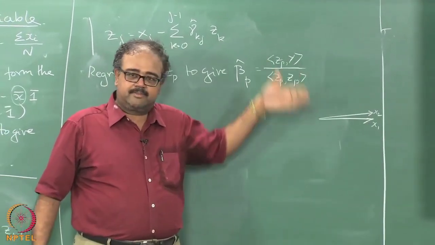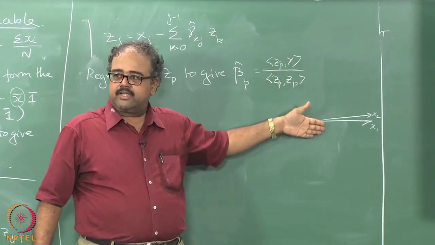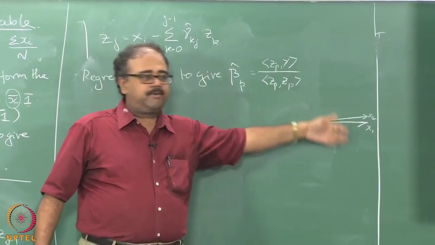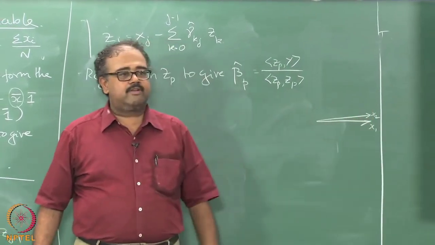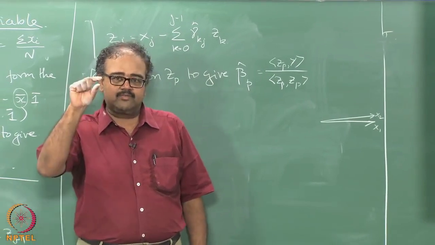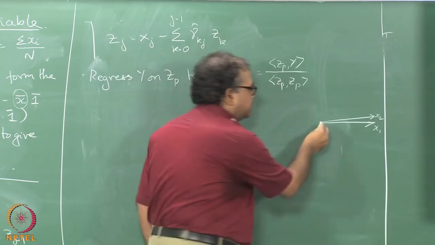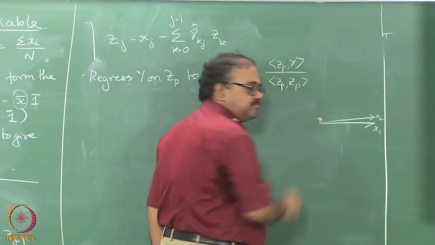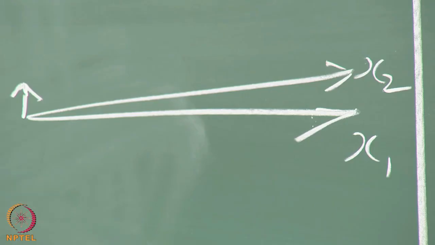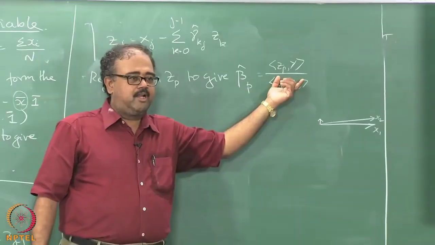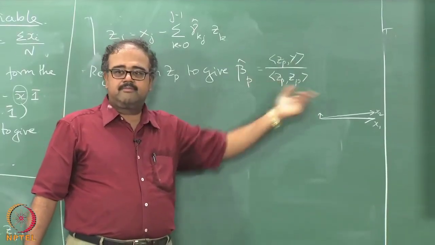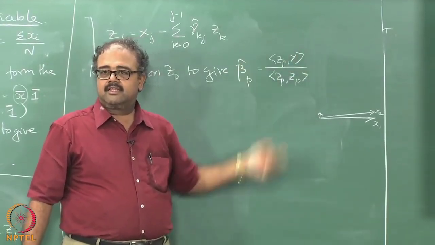So x1 and x2 are very close to each other. So if I subtract out x1 from x2, I am going to get a small component that is orthogonal to this, something like this. Now if I take the inner product of that, that will be a small number here, so this can become very large, right.